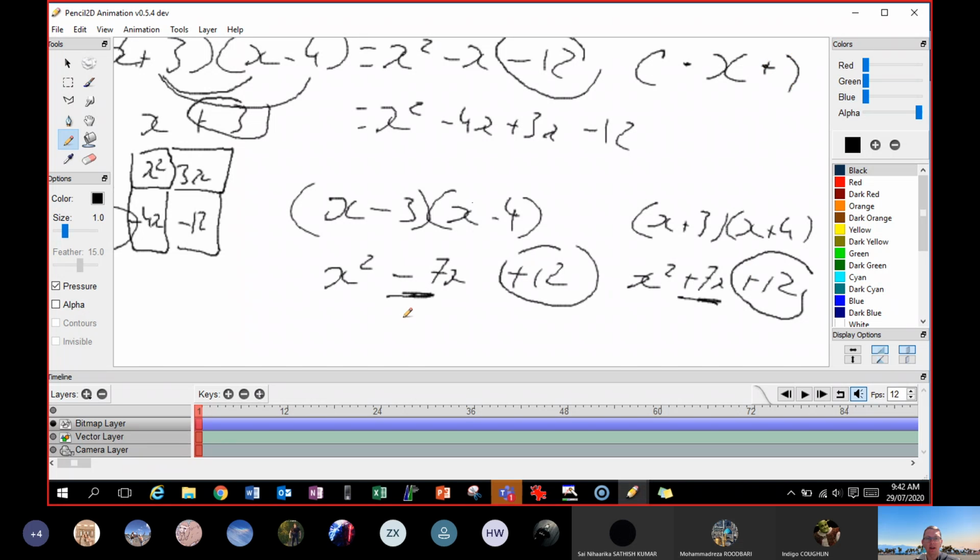If this is positive on the end, I've got two options. It could either be negative and negative, or it can be positive, and then I use this middle number to look at it, because I know that is positive.